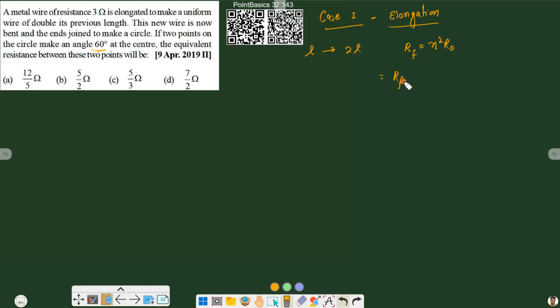So R final will be 2 square into the original resistance, that is 3, so 12 ohm. So the resistance of our new wire will be 12 ohm.